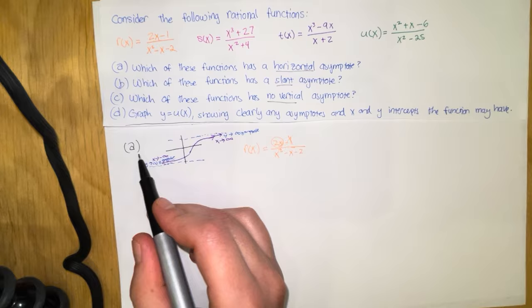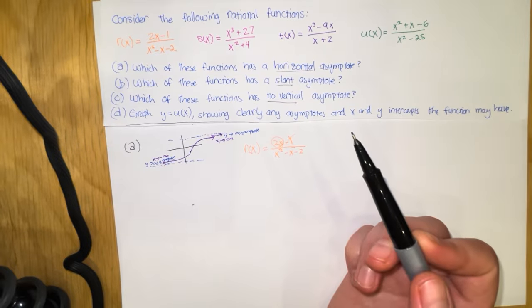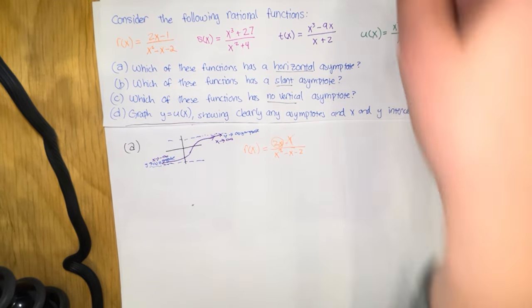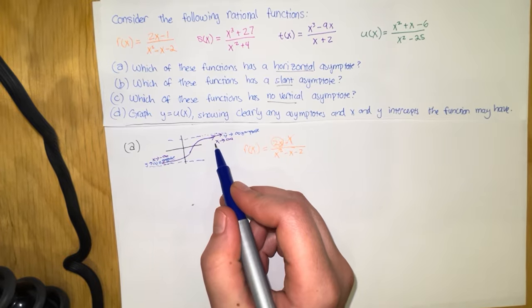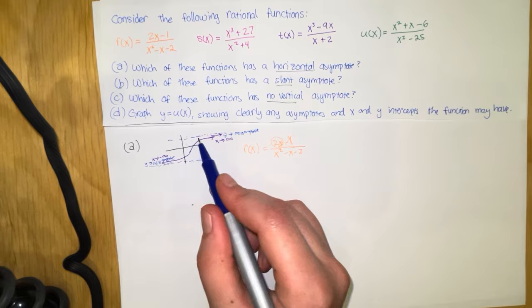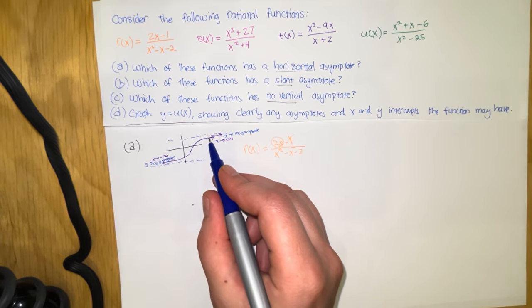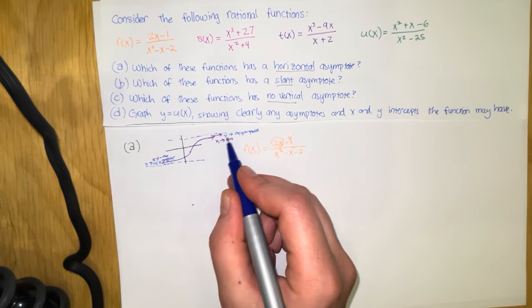All right, so let's start with A, looking at which of the functions has a horizontal asymptote. So an asymptote is this blue line that you'll see here. And it's a line that, because it's horizontal, is at a particular y value, as x is getting closer and closer to infinity, you can see the x value is getting higher and higher and higher.